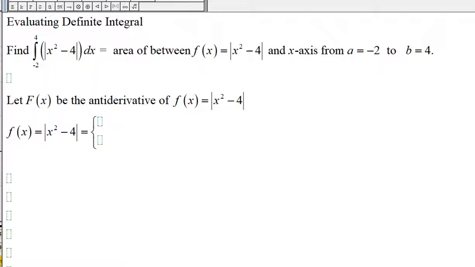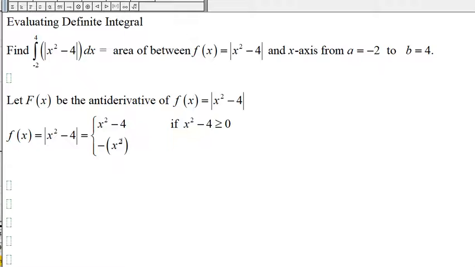And so by definition of absolute value, this is equal to x squared minus 4 if x squared minus 4 is greater than or equal to 0. And then this is equal to negative the opposite of x squared minus 4.